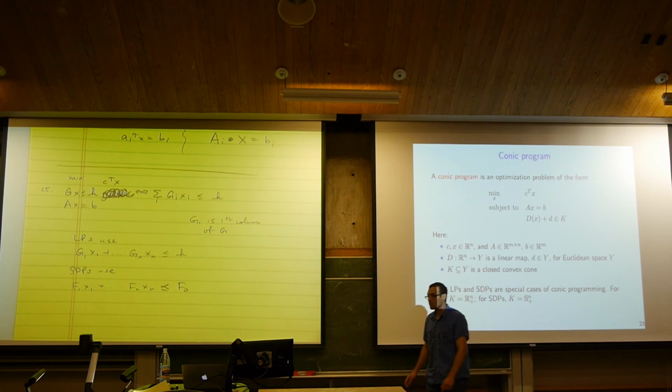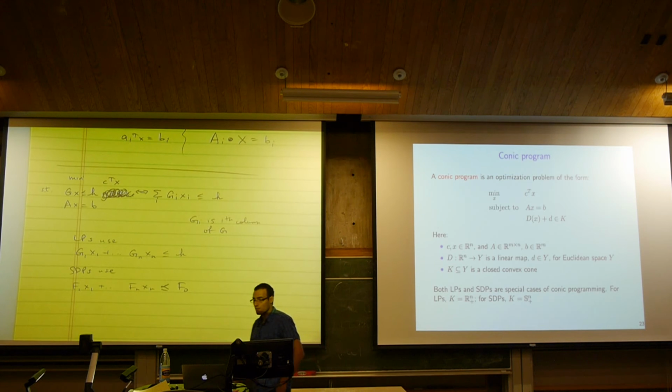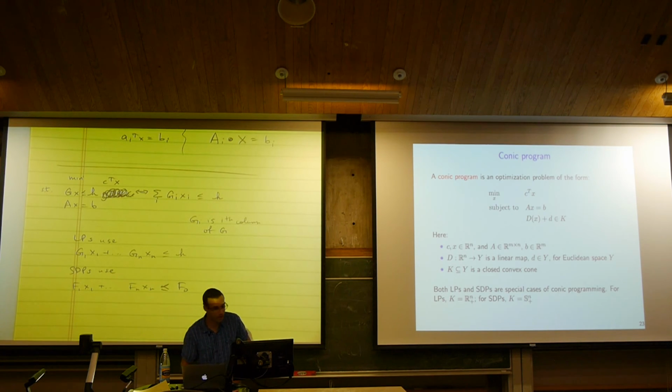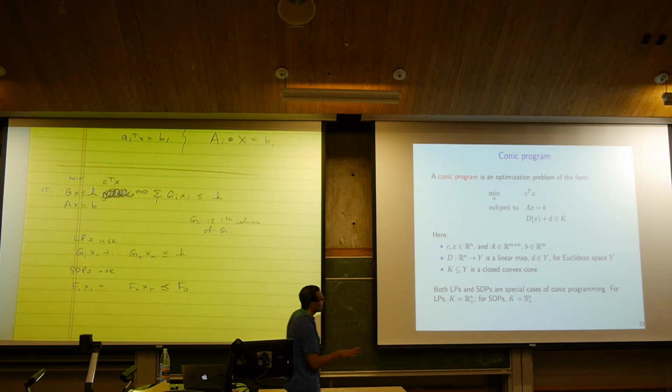That is the form that we think about for conic problems. This K should be a closed convex cone. If I have a problem of this form, we call it a conic problem.